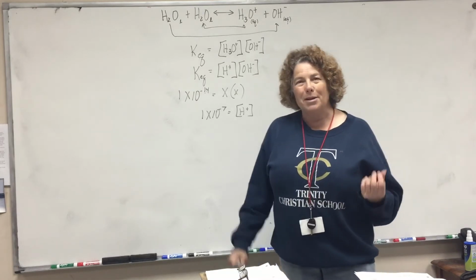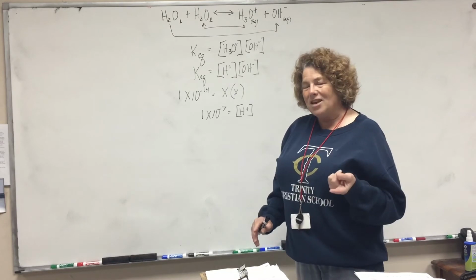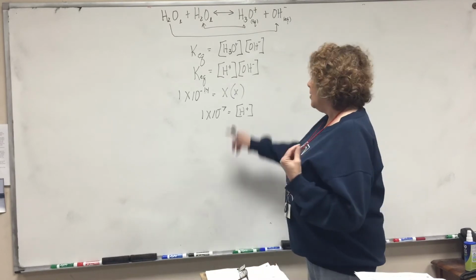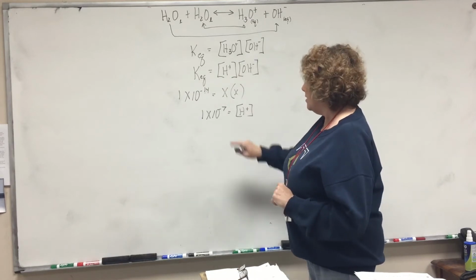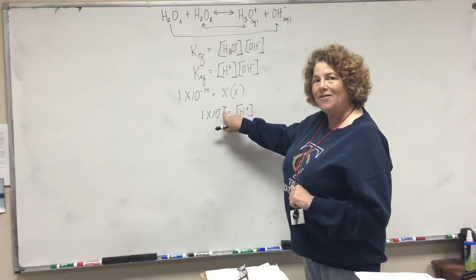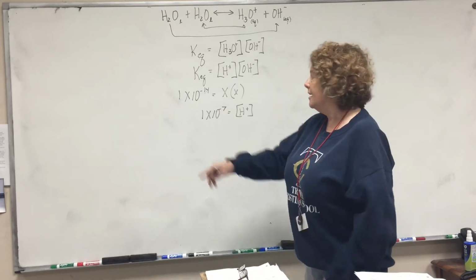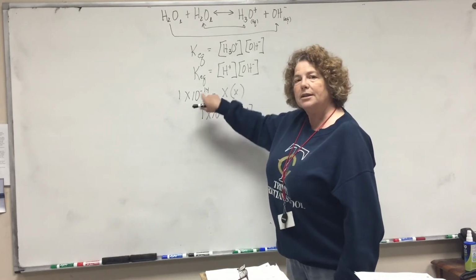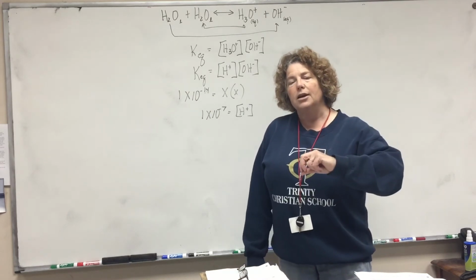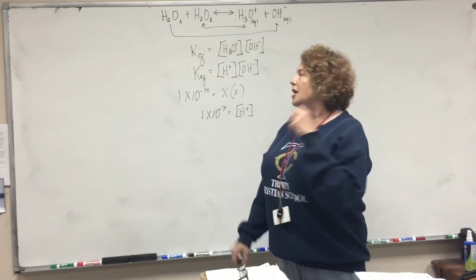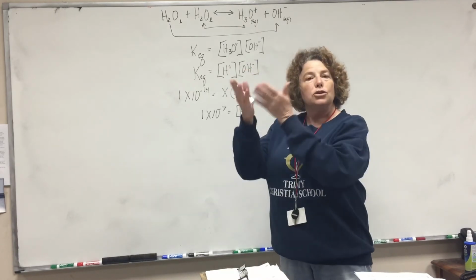Now some of you that might be a little familiar with the pH scale might recognize that 7 is neutral. So when you have an equal amount of these and they neutralize each other, the pH is 7. The pH scale goes as high as 14. That's what that number is. So all the pH scale is, is the exponent when you write the concentration as 1 times 10 to a power.